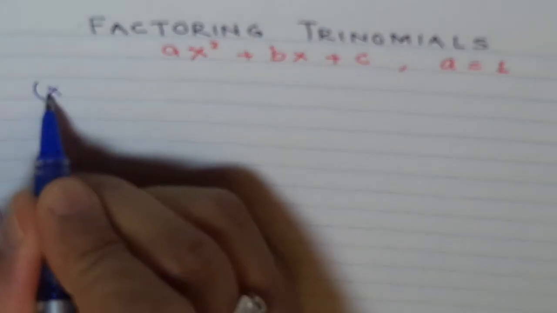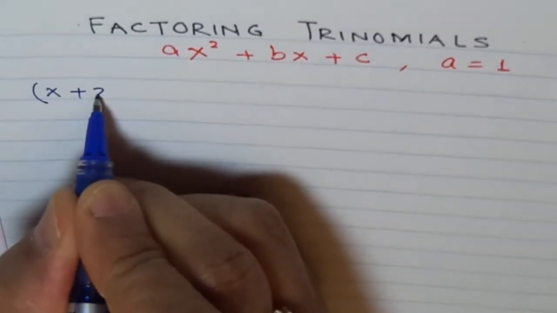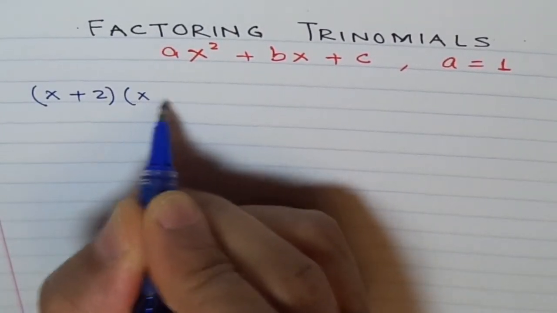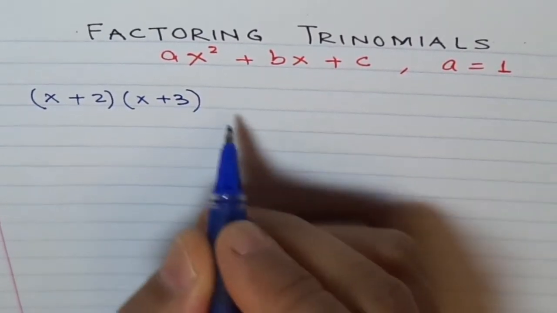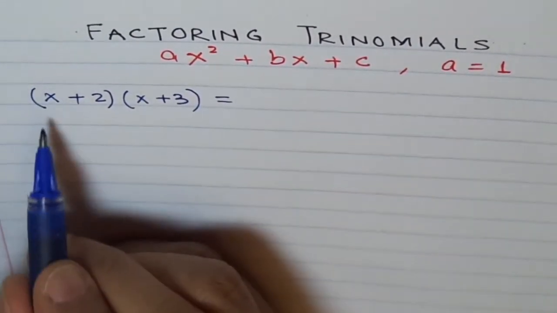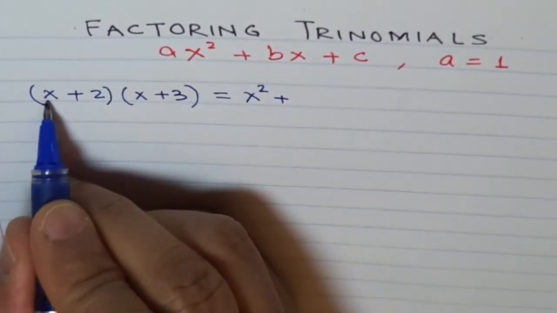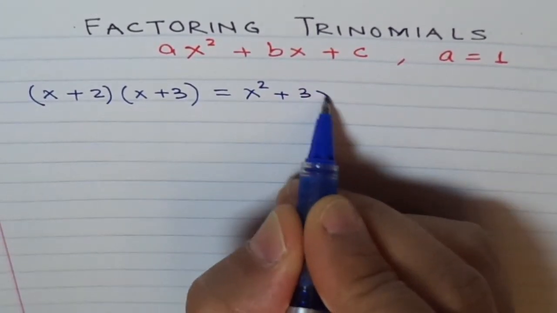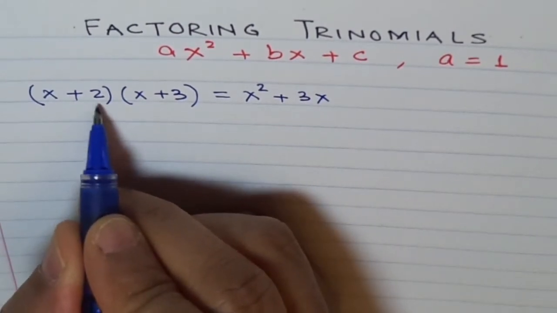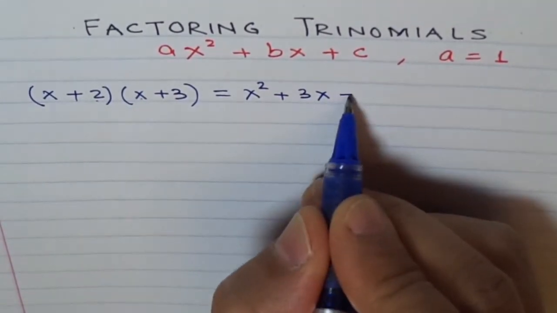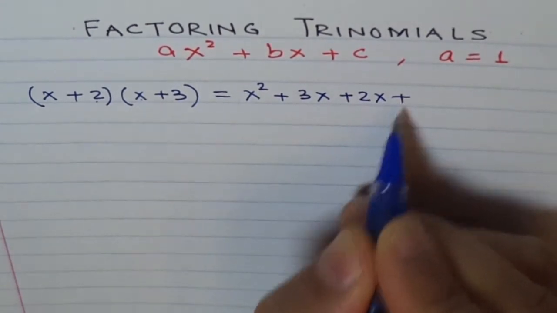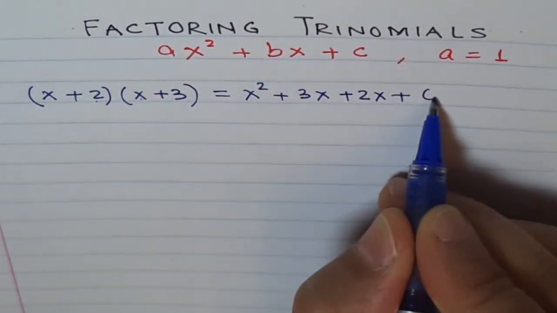So let's say we have two terms, x plus 2 times x plus 3. If we expand it, we get x times x as x squared plus x times 3 as 3x. Now we multiply by 2 and we get 2 times x as 2x plus 2 times 3 as 6.